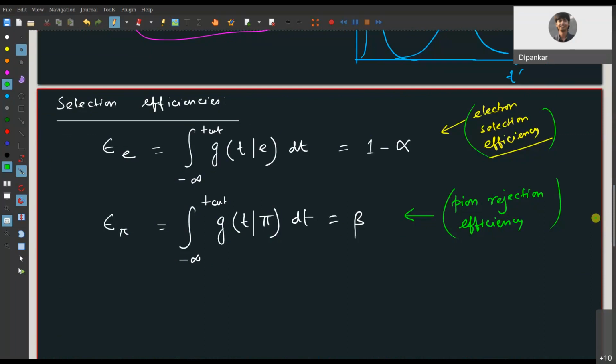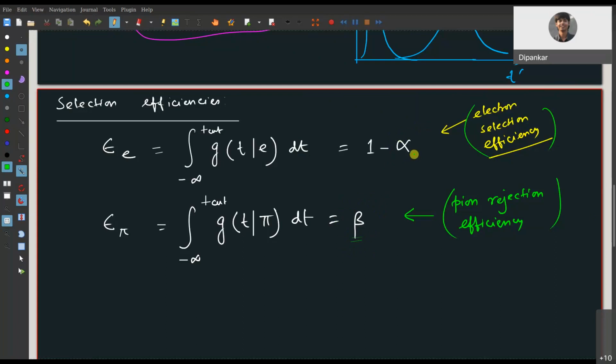So suppose you have 100 electrons, and your data analysis demands that even if you accept only 20 of them, make sure that all the 20 of those electrons are just electrons. There is nothing else. So I want a high purity of the sample. Then you want to focus more on beta than alpha. Then your primary goal would be to reduce beta, and you will not pay so much attention to alpha.